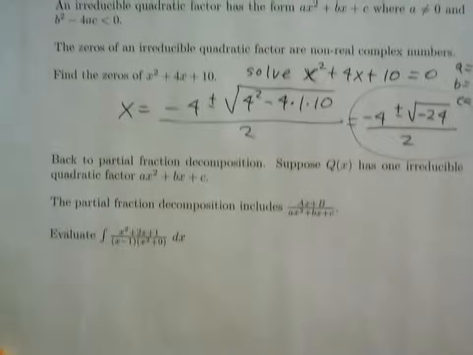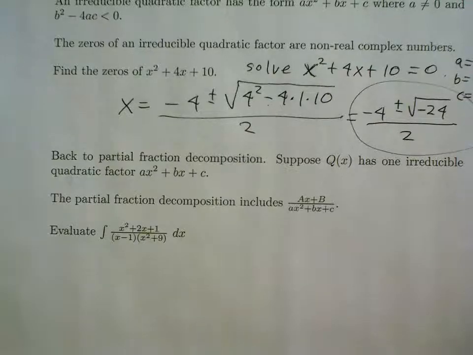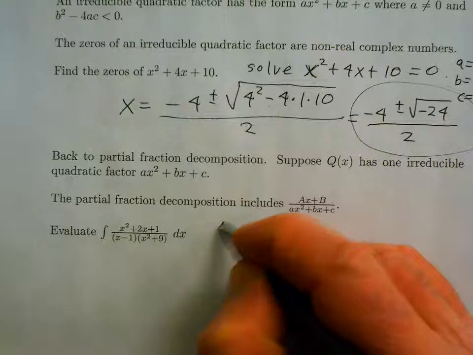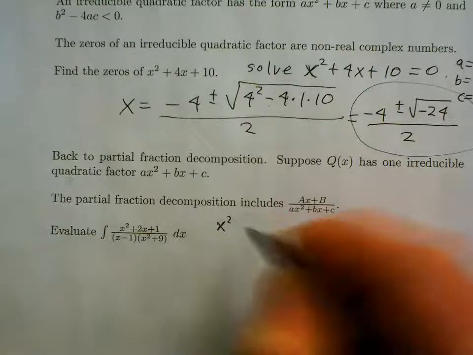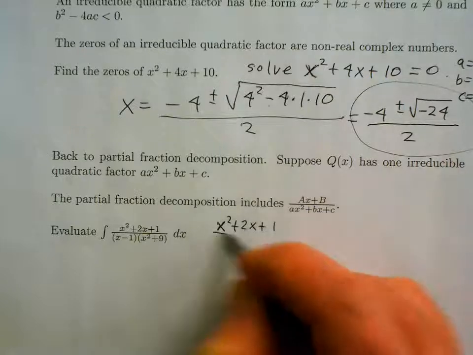In this example, the indefinite integral of x squared plus 2x plus 1 over x minus 1 times x squared plus 9. We do have one linear factor, x minus 1, but x squared plus 9 is an irreducible quadratic factor. So we want to find simpler fractions to represent this.